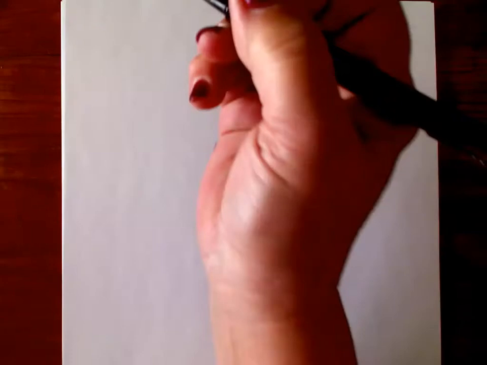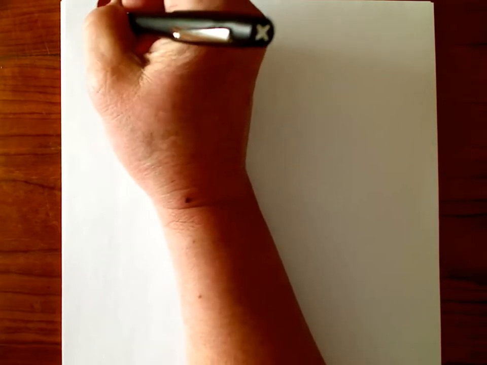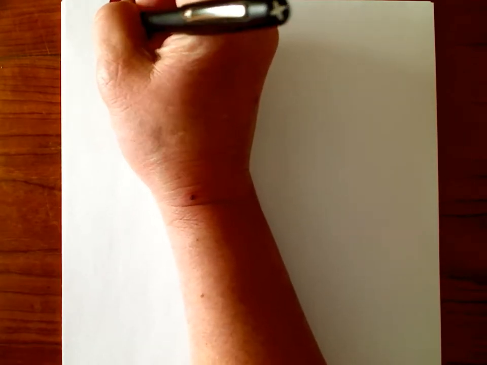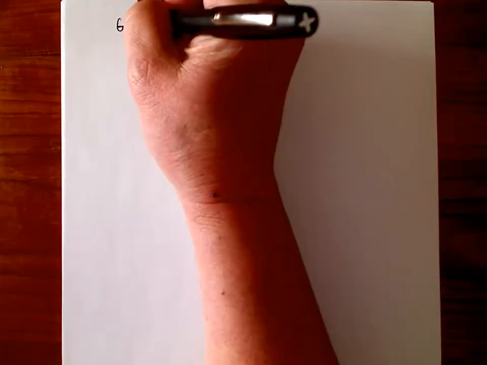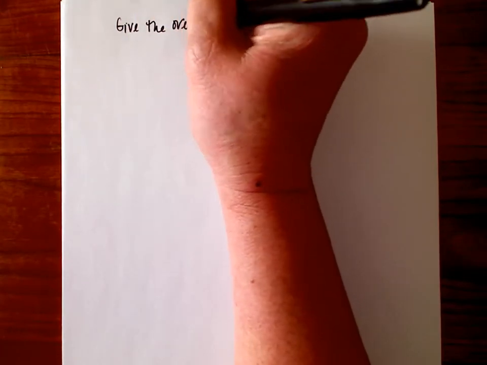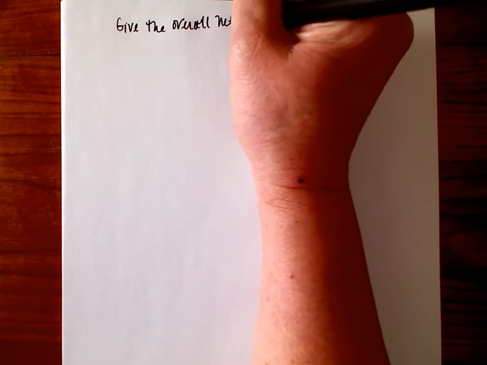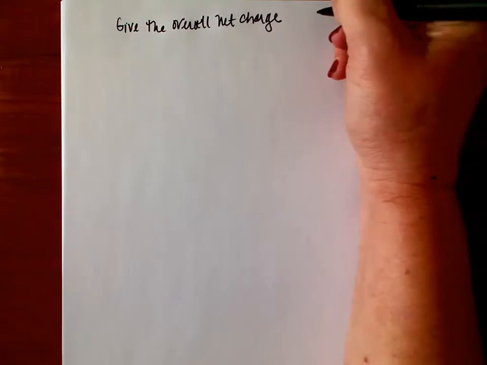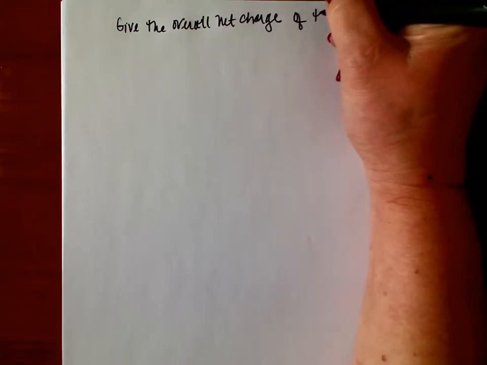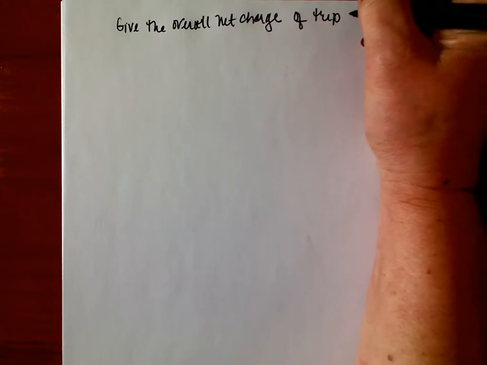The last in this group that's in your packet is you are asked to give the overall net charge of a tripeptide at physiological pH.